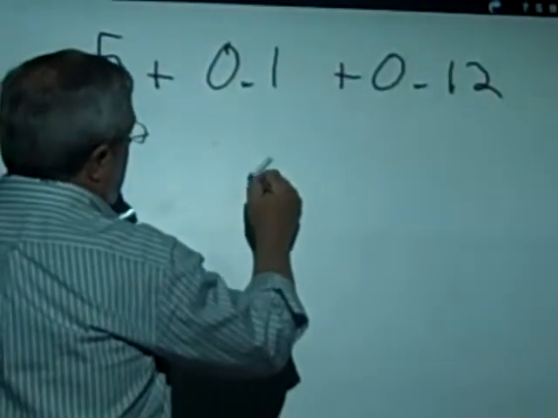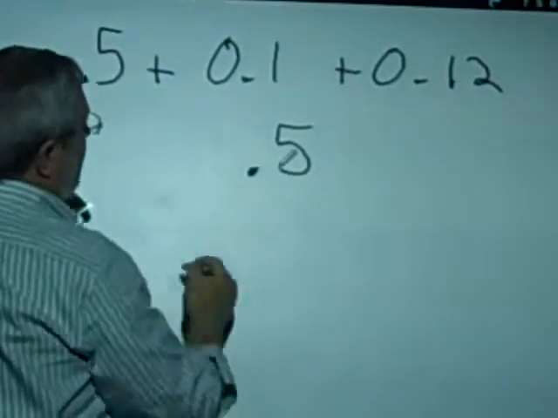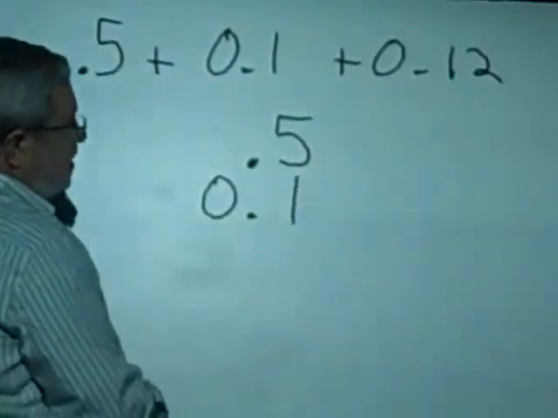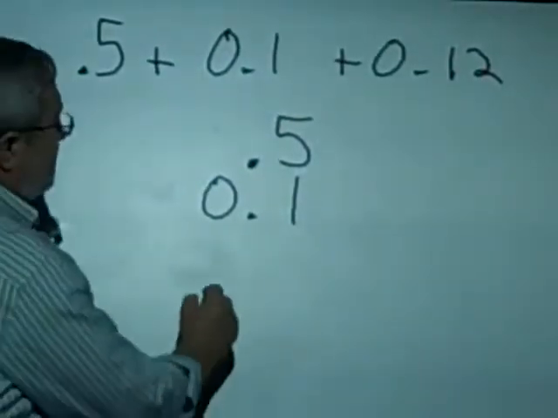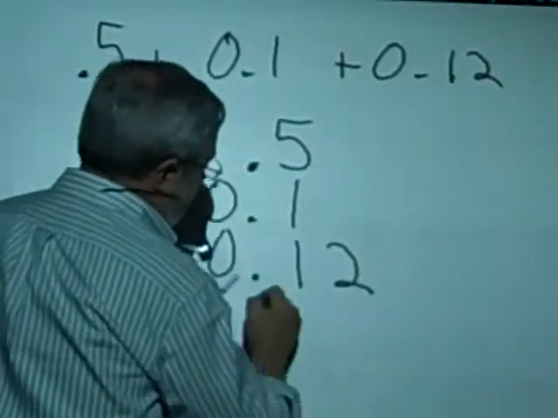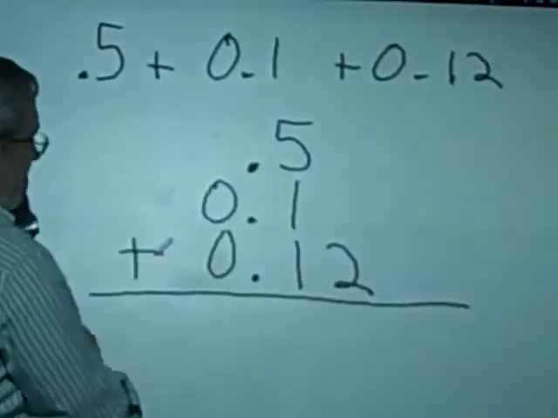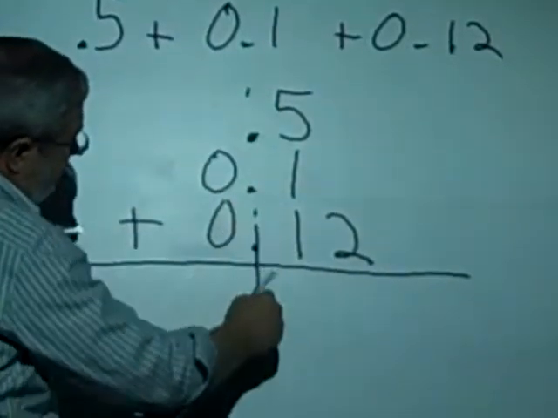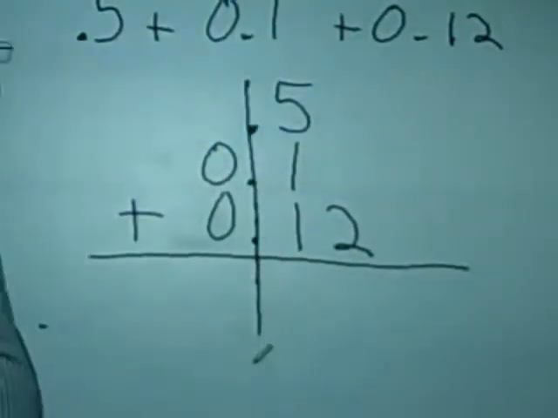So I'm going to do 0.5, I've got 0.1, and then I've got 0.12, and this is what I want to add up. And notice I've got all my decimals straight in a line, just like this. That's the way you have to do that.